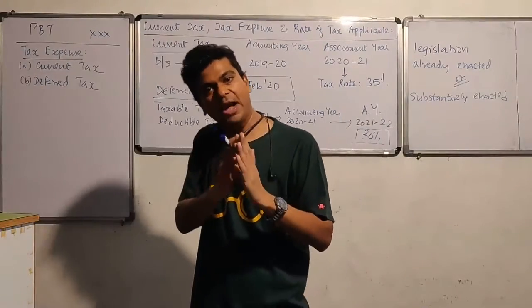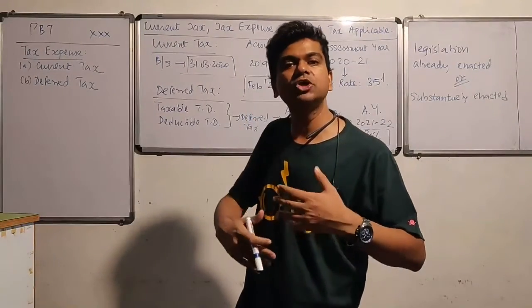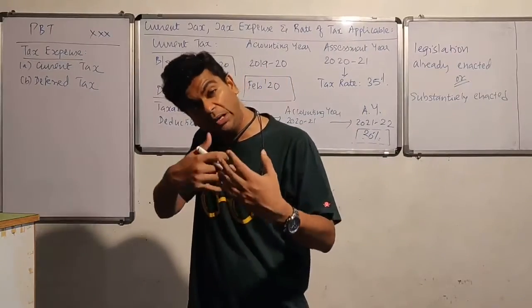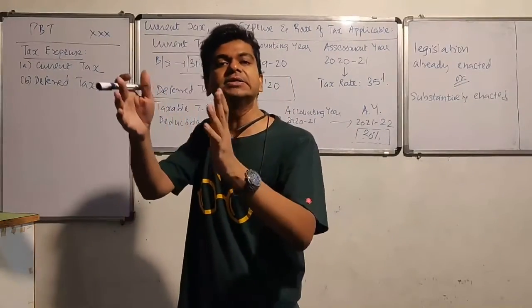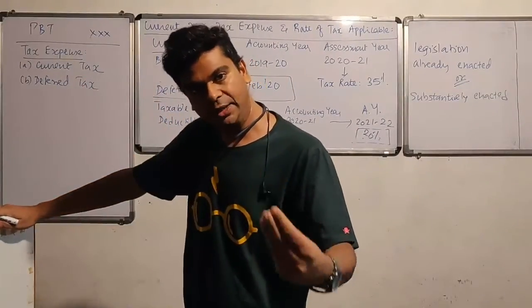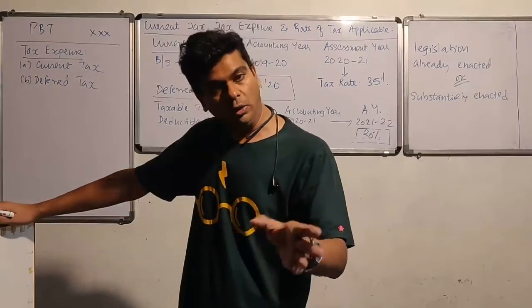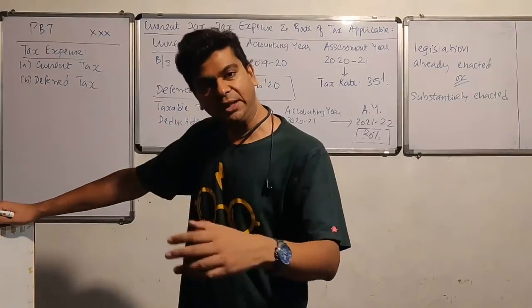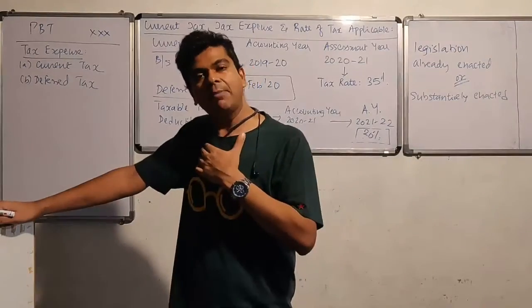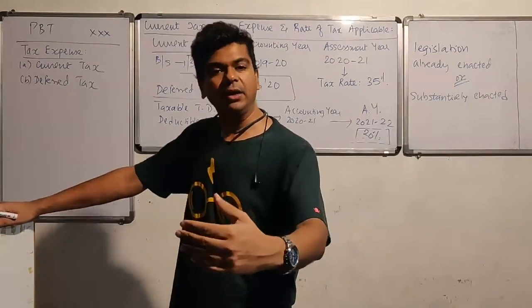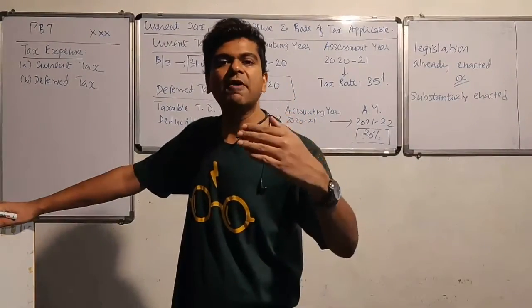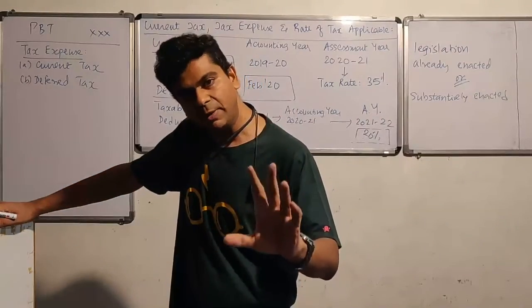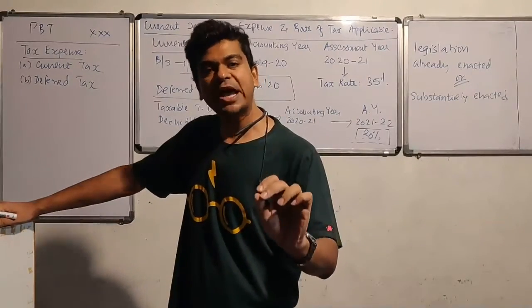Ind AS 12 rather says that every company should develop an accounting policy that when will it consider it to be substantively enacted, and then you should follow that accounting policy consistently. For example, as a company, I take a stand that the moment this particular finance bill is passed by the Lok Sabha, I will consider it to be substantively enacted.